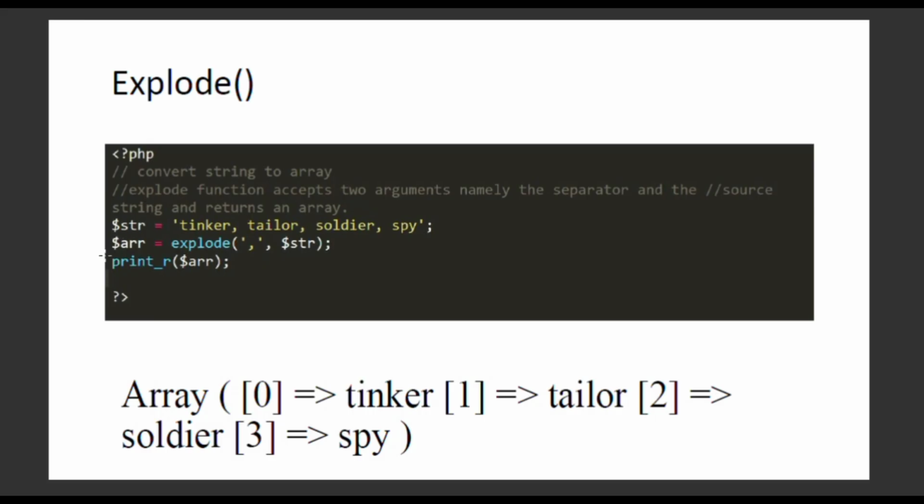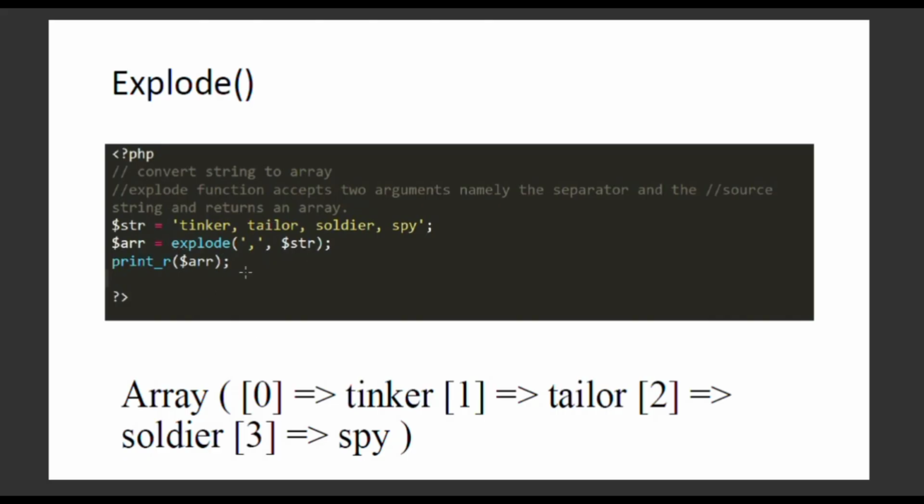Here you can see I have given the string name as str. It contains Tinker, Tailor, Soldier and Spy. Here I have given another array name, and it contains the explode.